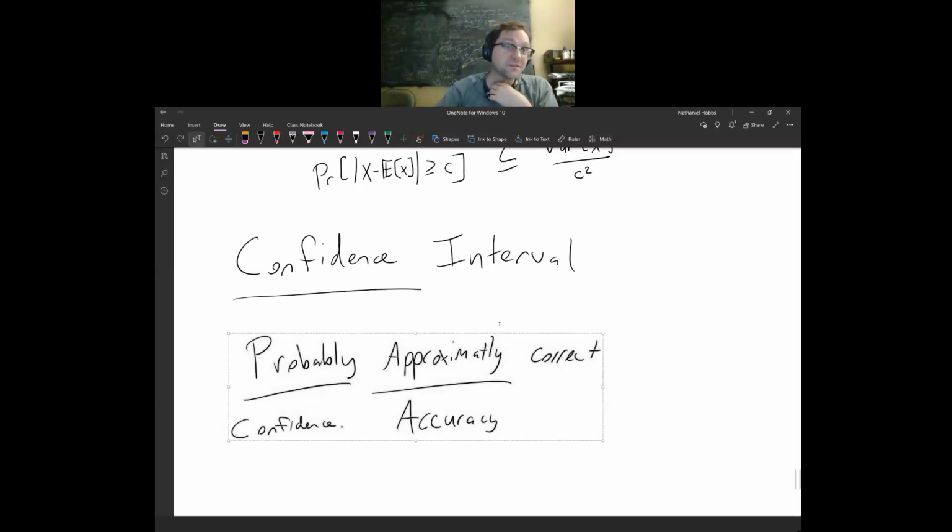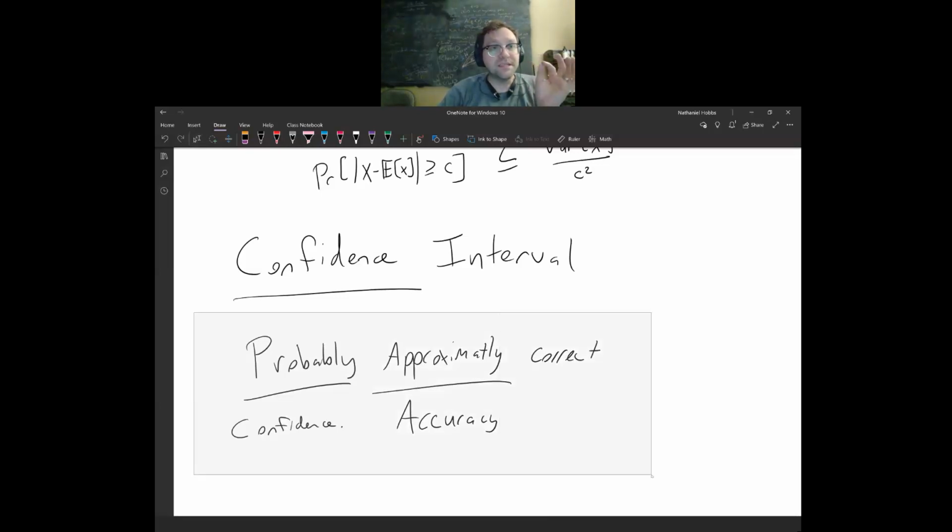This is the same thing that shows up in polls and lots of things. Anytime you see confidence, they're talking about this probably part of the equation. When I was talking about averages of averages, taking not just an average but an average of an average is a really important conceptual leap to make.